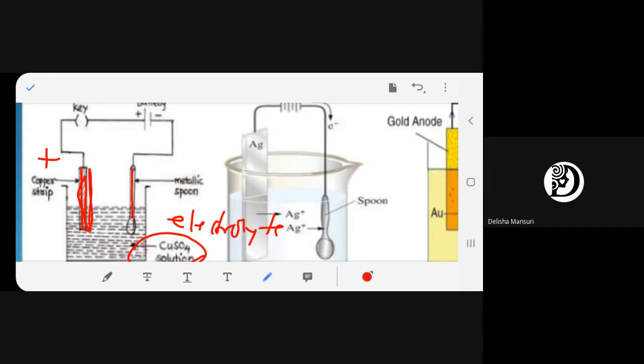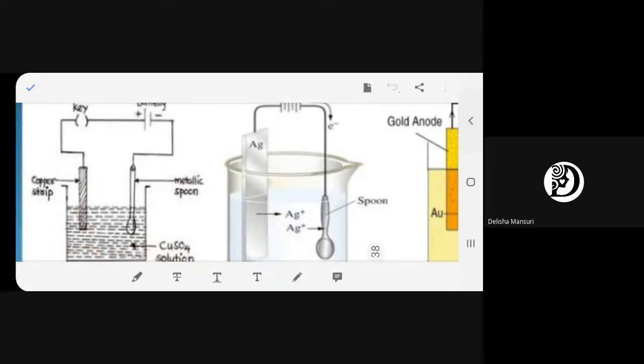Understood now? So what will happen? This copper strip will have deposition of sulfate, and this metal spoon will have deposition of Cu2+, that is copper. You understood?